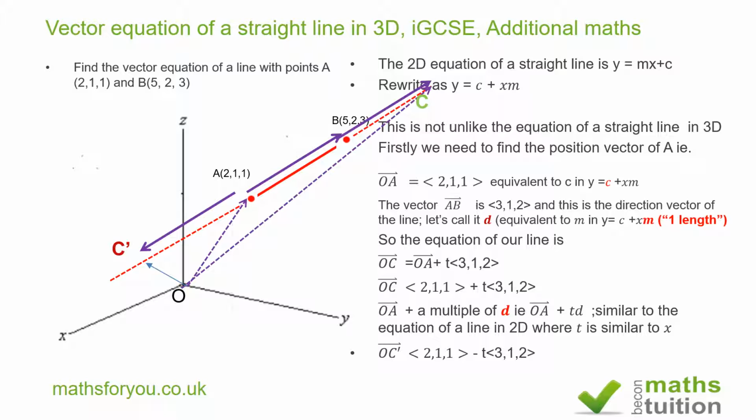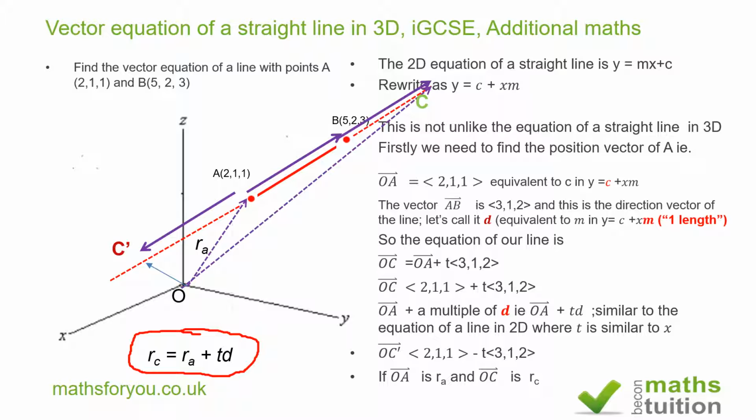So now, if we say that OA is vector r sub A, and OC is vector r sub C, we end up with this equation here: vector r sub C is equal to vector r sub A plus a multiple of the direction vector, td. So that now is the equation of a line in 3D space.